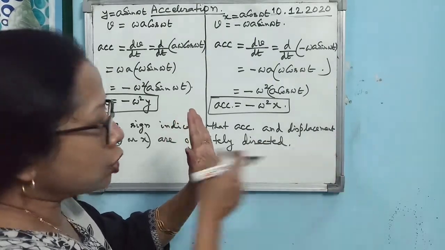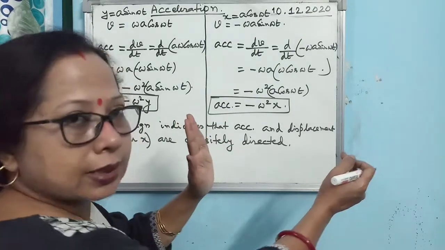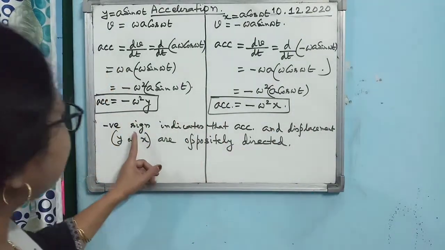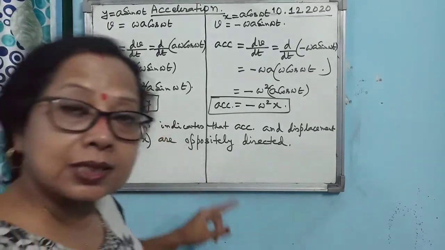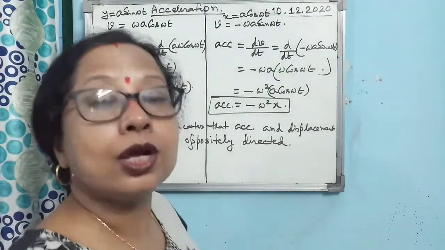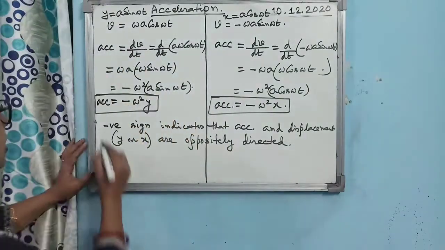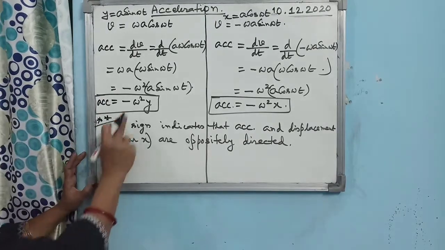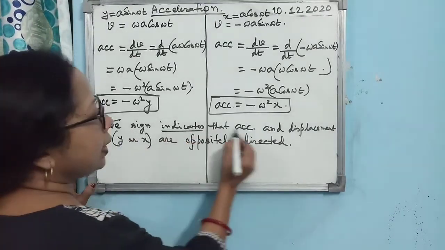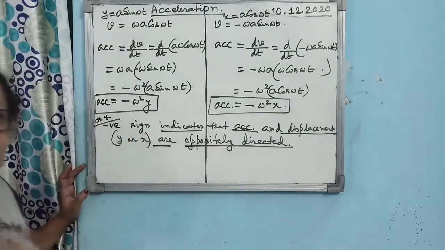Displacement is always directed from the equilibrium towards the end, whereas acceleration is oppositely directed to the displacement. So acceleration is always directed towards the equilibrium position. This is the most important point you have to remember: the negative sign indicates that acceleration and displacement are oppositely directed.